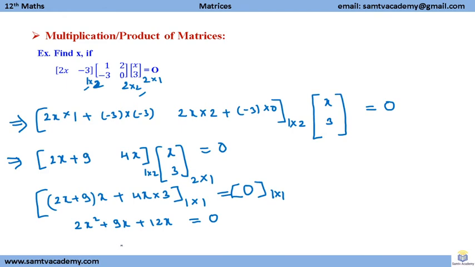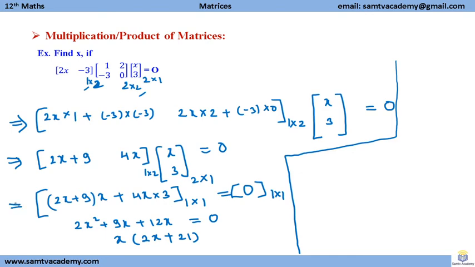So we will take x common here, we will get here x into 2x plus 21, this is equal to 0. So we can equate this.